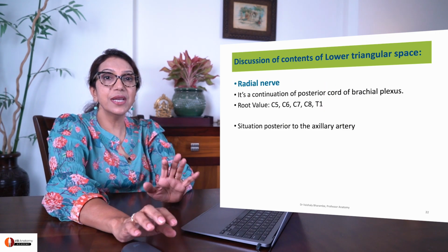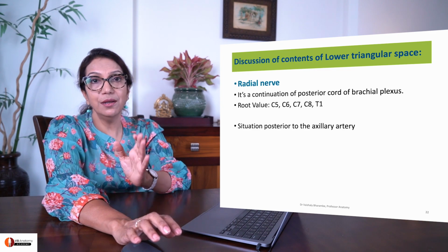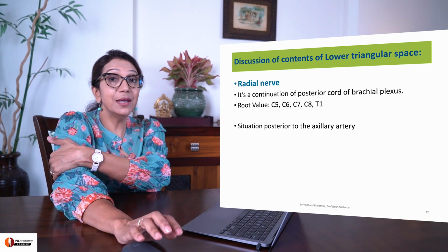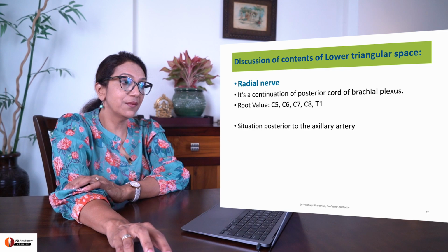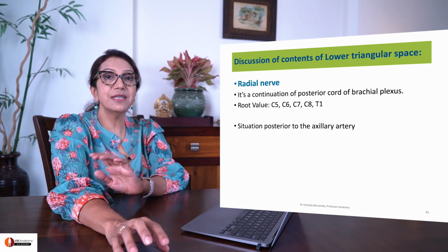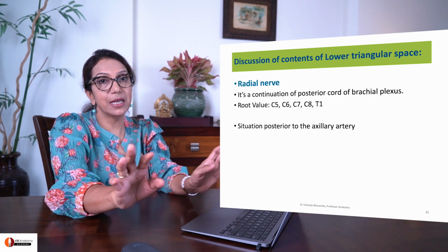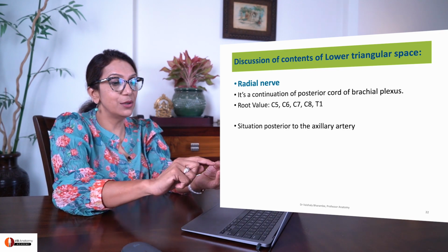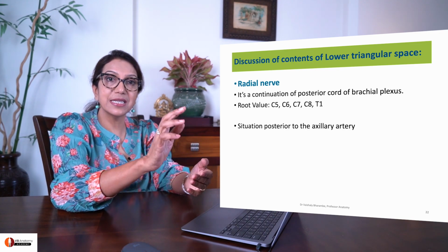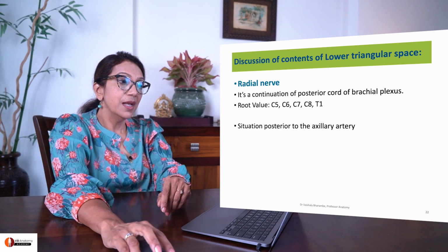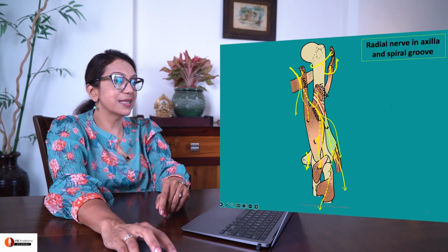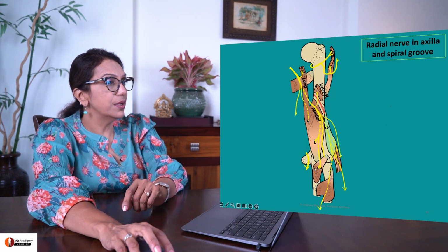Let's talk about the radial nerve in the axilla and the forearm region in the posterior part of forearm. Right. So, radial nerve is a direct continuation of brachial plexus having the root value C5, C6, C7, C8 and T1. It is situated posterior to the axillary artery. Now take a look.